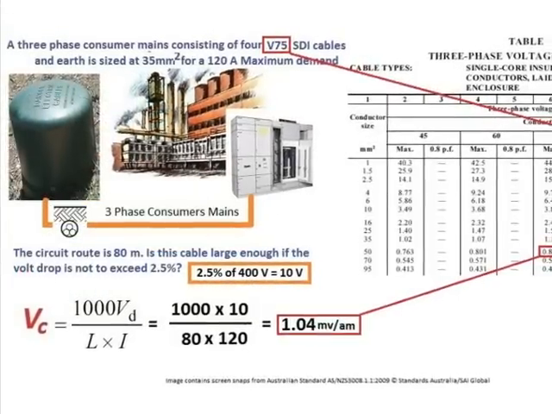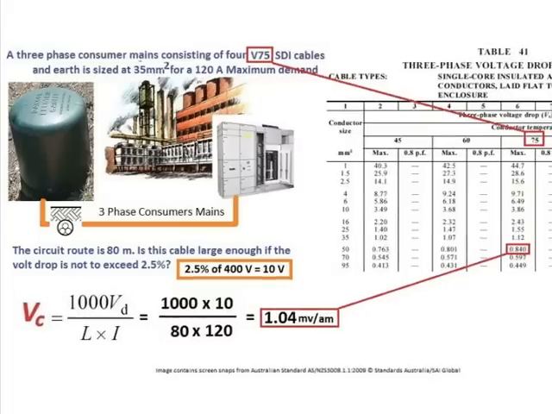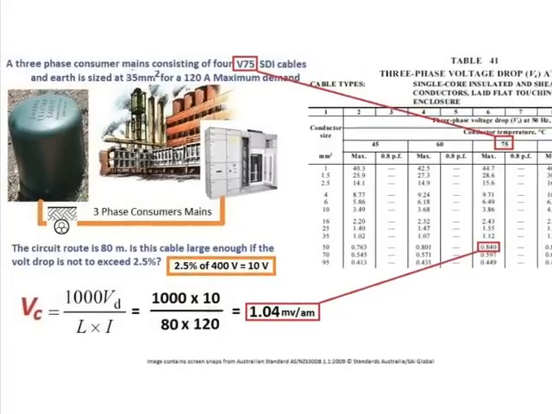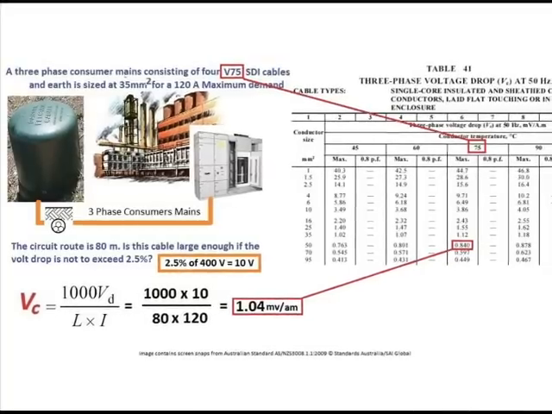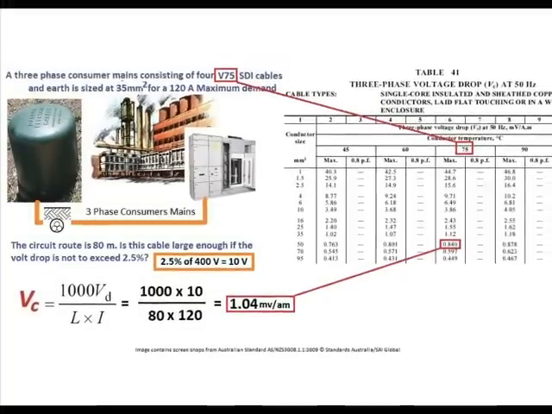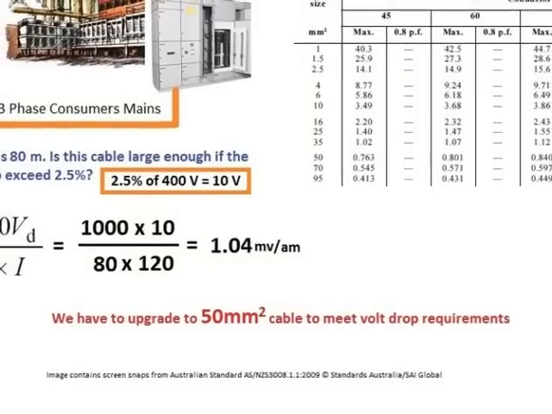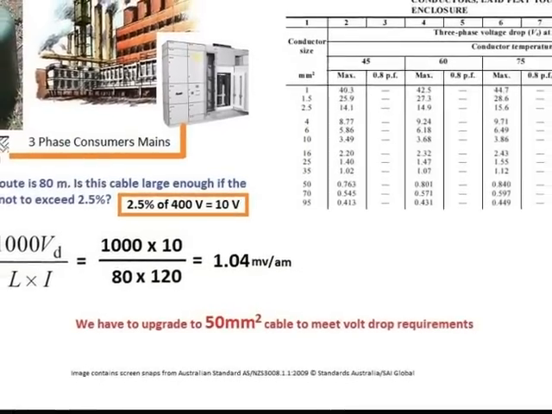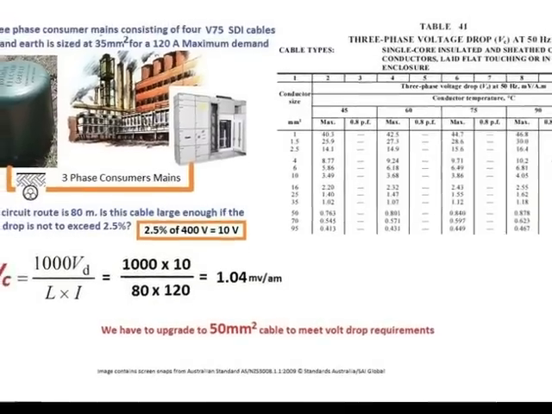Now it is V75, so I'm using a table operating temperature of 75 degrees, so I use that appropriate column. I then look down with my 1.04 millivolts per amp meter, and I find a value that is less than my 1.04. So in this case, I'm having to upgrade my cable to a 50 millimeter cable to suit the volt drop requirement for that route length of 80 meters.